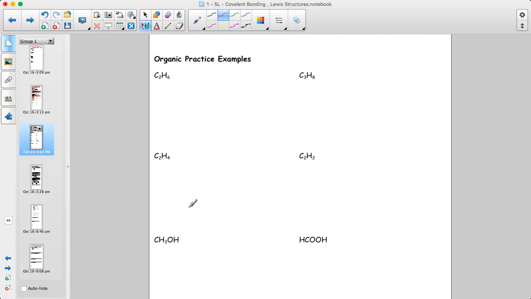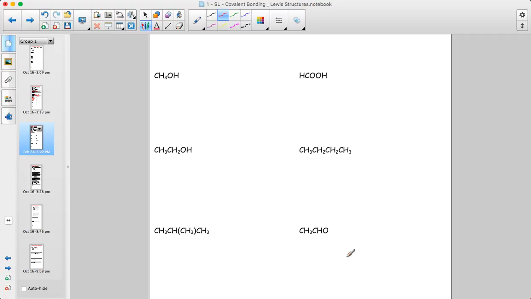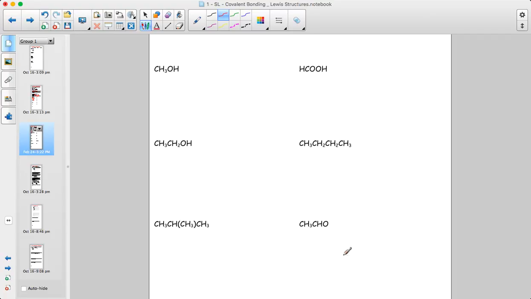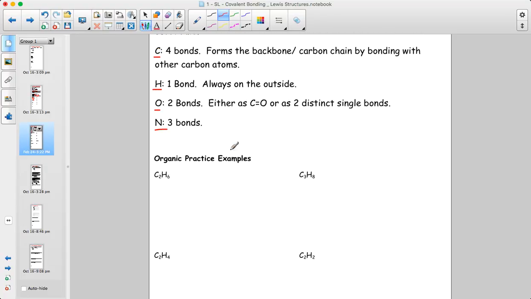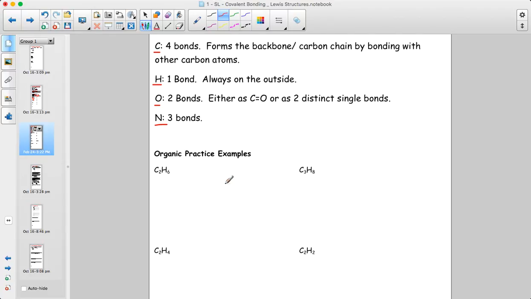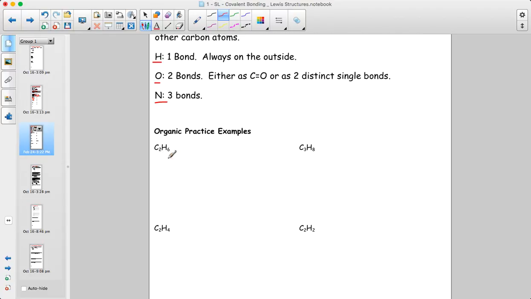And so even though the formulas can get quite complicated looking, once you practice a bit, they actually become even simpler than the other examples that we try to draw, because you pretty much know that you should connect the carbon atoms into a chain and put the hydrogens all around the outside, and then figure out the remaining issues. So for example, here when I see C2H6, I know that hydrogen can only make 1 bond, therefore it's going to go on the outside, and I therefore know that the carbons are going to be connected.